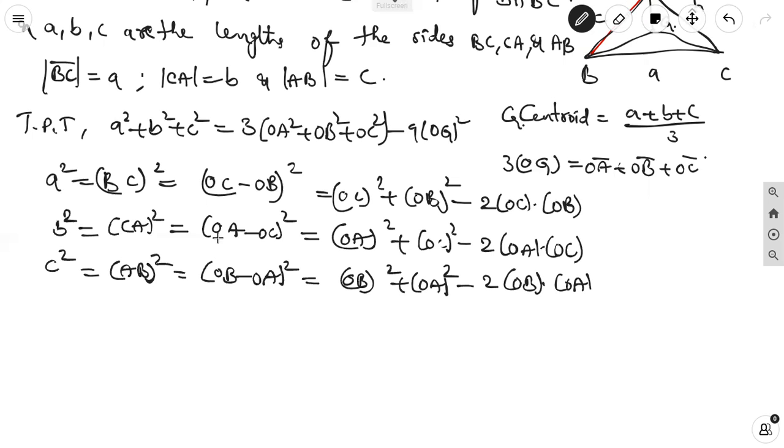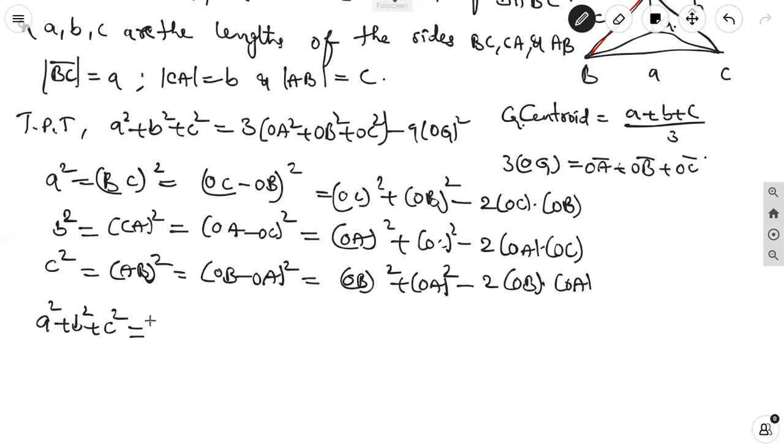Adding all these three relations, a square plus b square plus c square is equal to 2 into OA square, 2 into OB square, 2 OC square.